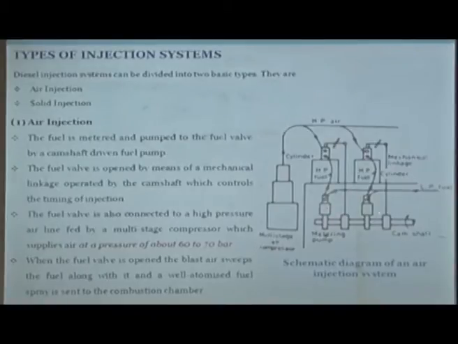This is operated by a cam, so this will generate high pressure for the fuel. So this high pressure line comes here, and here you have a multi-stage compressor. So high pressure air will come into both of the cylinders, and the moment this mechanical linkage triggers, both fuel and air will be injected into the combustion chamber at the right time. Okay, clear? So this is the schematic of an air injection system.